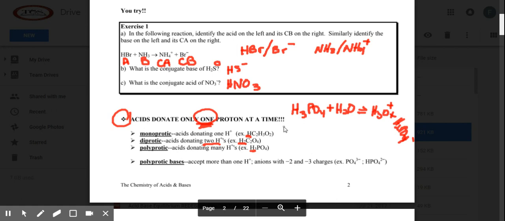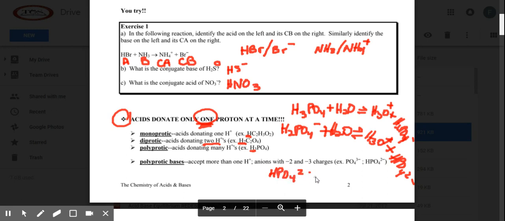Well, now I can get another H plus out. So I'm going to have another reaction here. H2PO4 minus is going to react with water as well. Water is acting as my base. That will make another H3O plus, plus now it's HPO4 2 minus. Well, guess what? I have another H to get. So I'm going to do a third step.